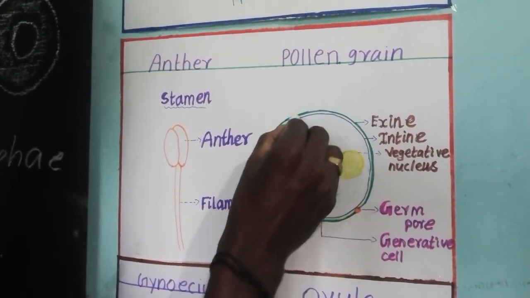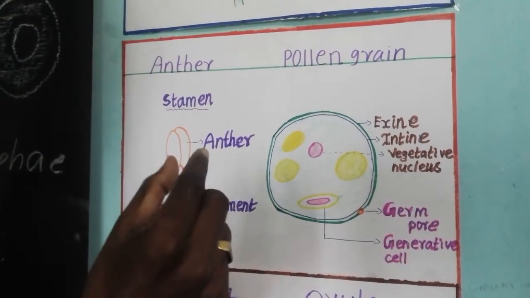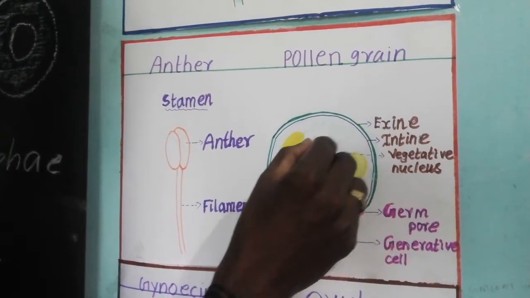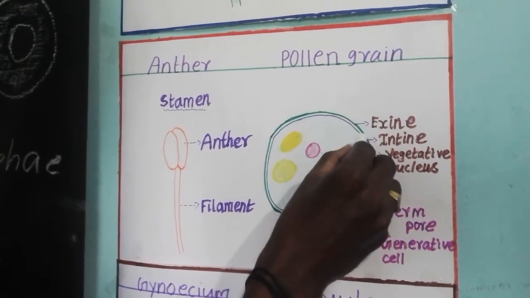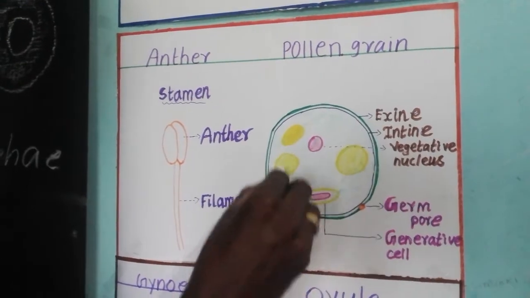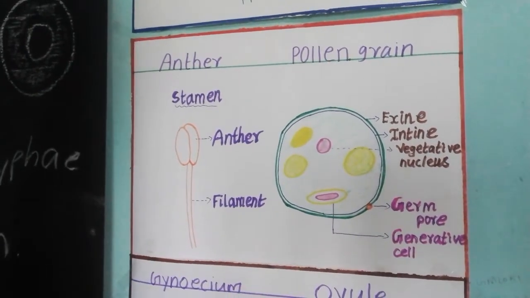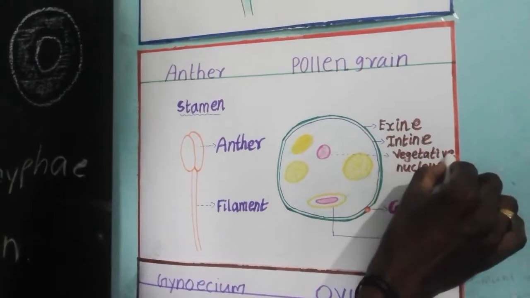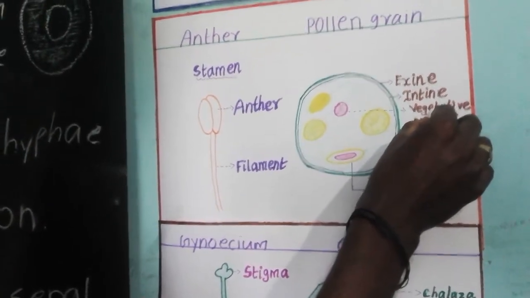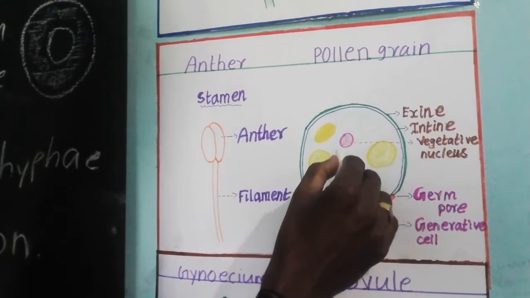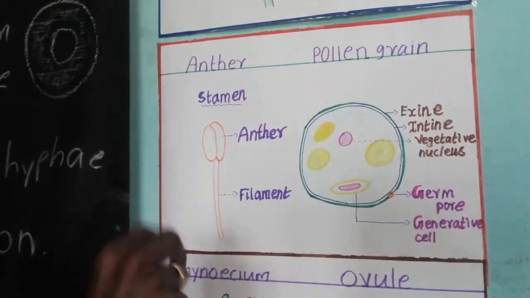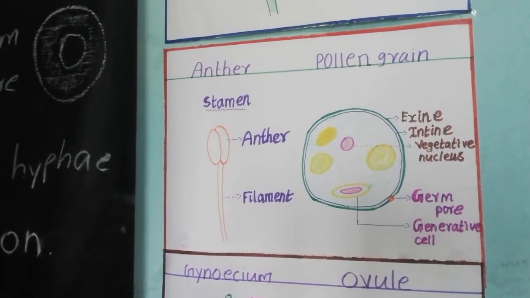Inside is a thin layer, the intine, which is made of cellulose and pectin. Inside the pollen grain there are two cells: the vegetative cell and the generative cell. The vegetative cell has a very big nucleus, and the generative cell divides into male gametes.